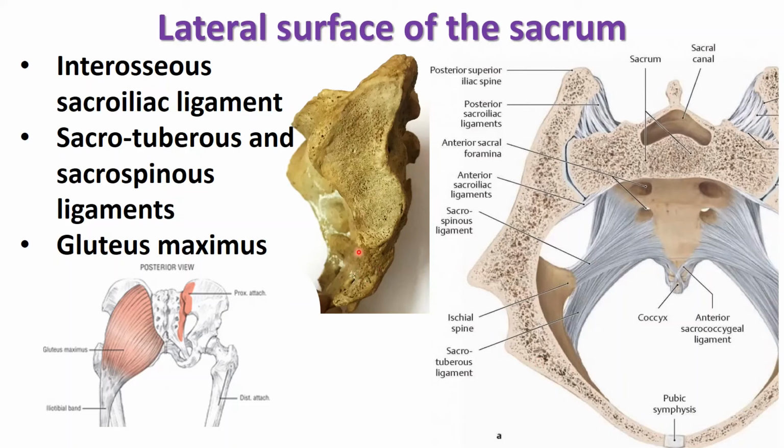So from anterior to posteriorly, we can say most anterior is the origin of the coccygeus muscle, then sacrospinous ligament, then sacrotuberous ligament, and most posteriorly is the gluteus maximus. So gluteus maximus is also taking origin from the posterior dorsal surface of the sacrum, and part of it also taking origin from the lateral surface.